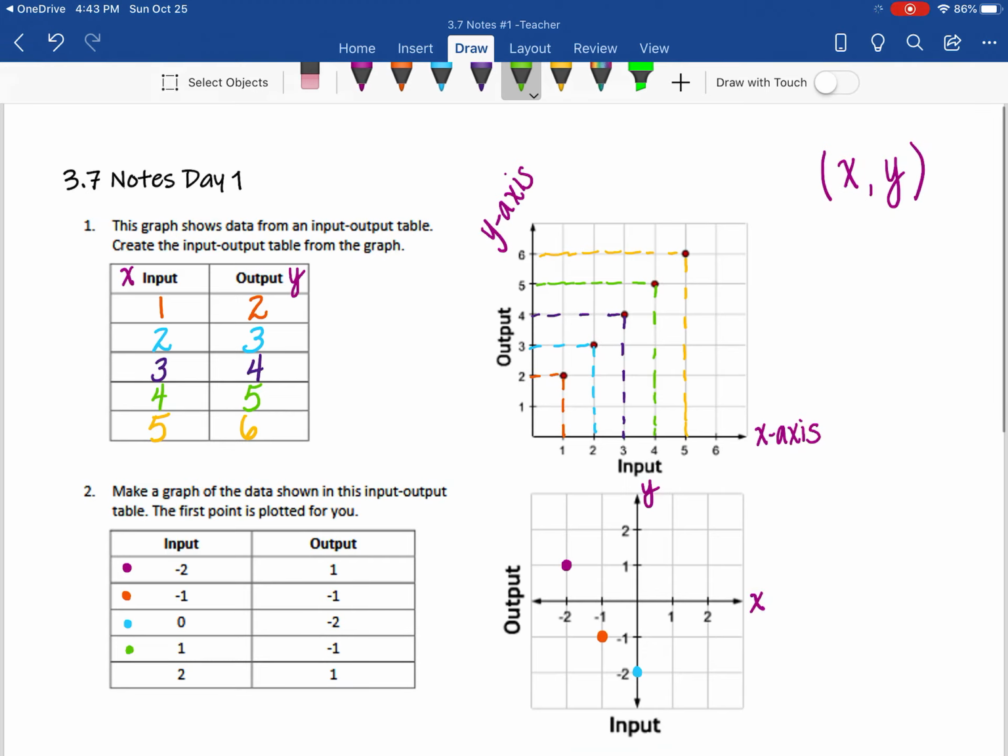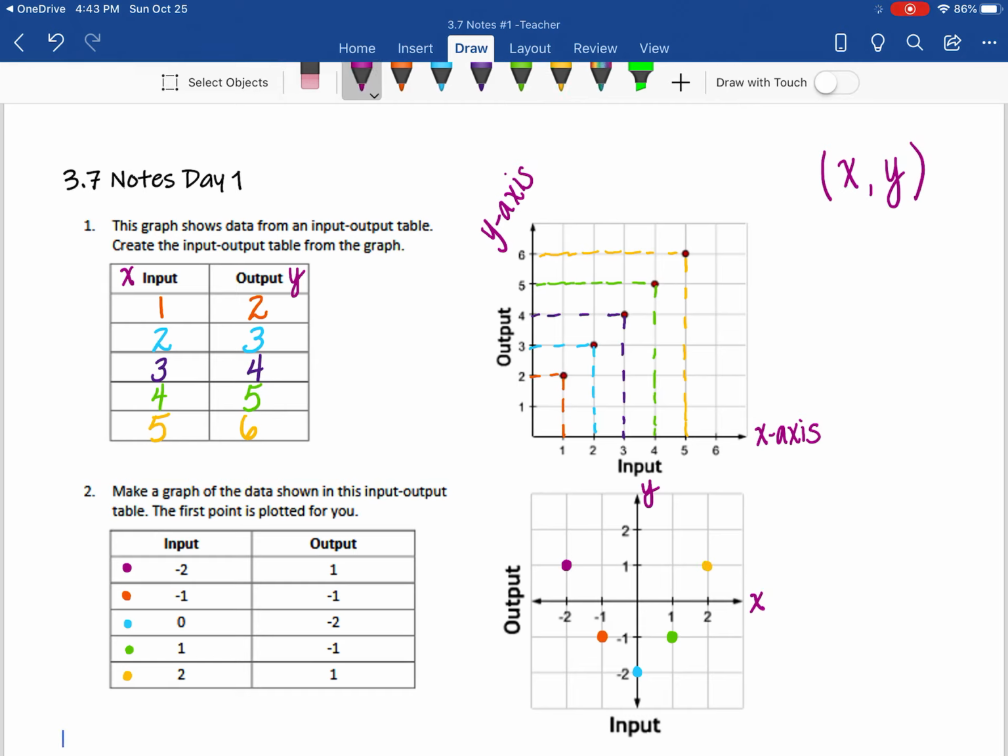My next point, I'm going to use green. My input is 1, so I'm going to go over to 1. My output is -1, so I'm going to go down to -1. Last point, my input is 2, so I'm going to go over to 2. And my output is 1, so I'm going to go up to 1.